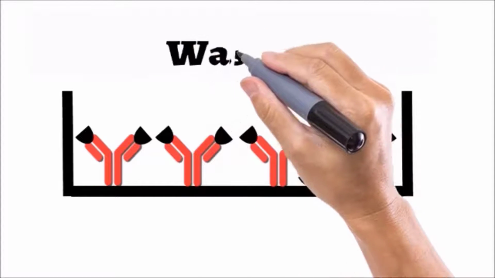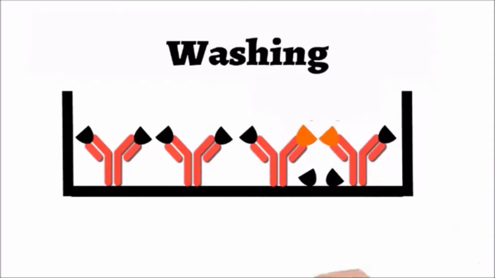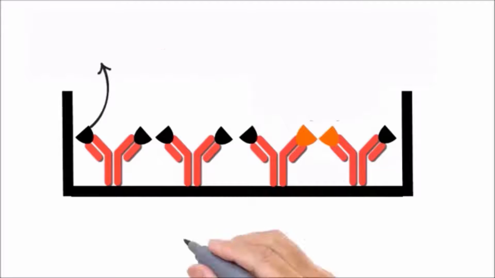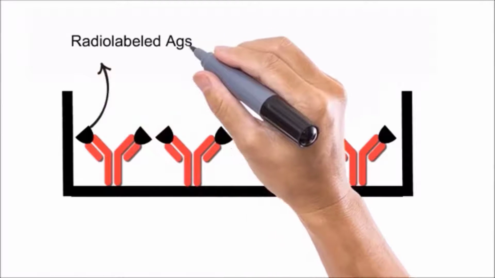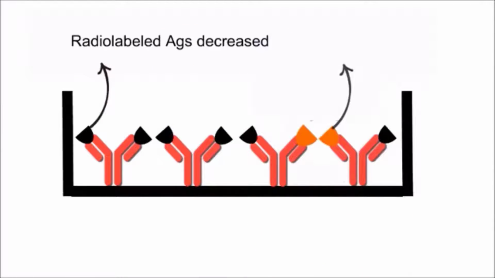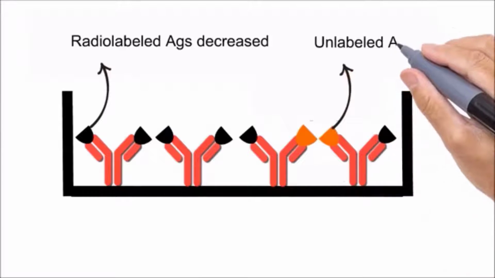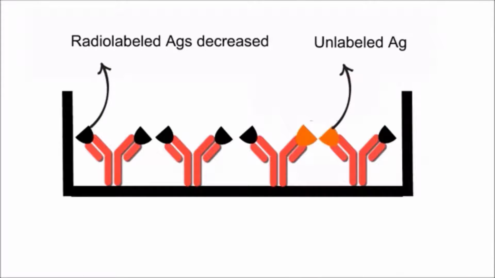After this, the well is again washed to remove unbound antigen, whether it is labeled or unlabeled, but unbound antigens. Now, what is the situation this time? The number of radio-labeled antigens bound to the antibodies is decreased due to the addition of unlabeled antigens, and hence the radioactivity present on the antibodies is not 100%.